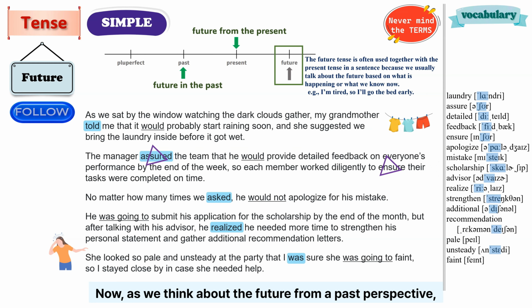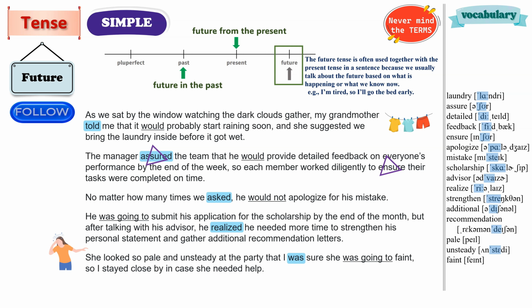Now, as we think about the future from a past perspective, let's read from the beginning together. As we sat by the window watching the dark clouds gather, my grandmother told me that it would probably start raining soon, and she suggested we bring the laundry inside before it got wet. The manager assured the team that he would provide detailed feedback on everyone's performance by the end of the week, so each member worked diligently to ensure their tasks were completed on time.